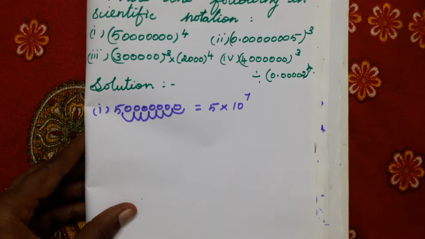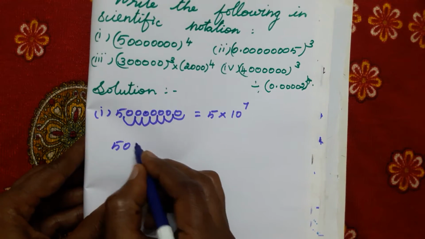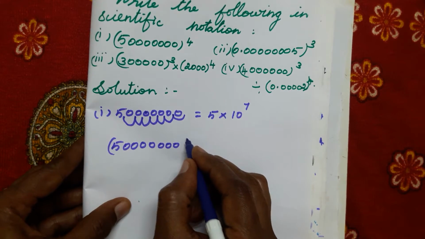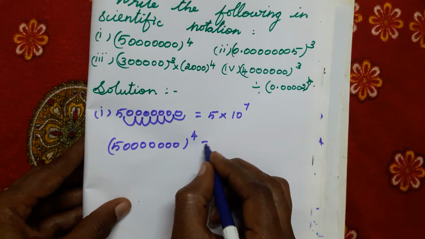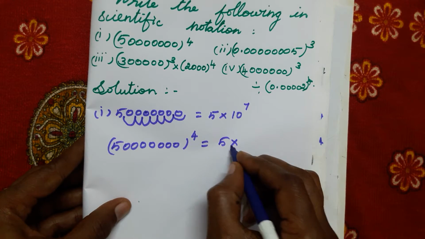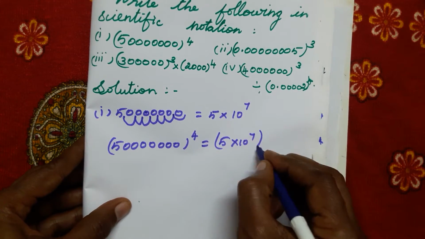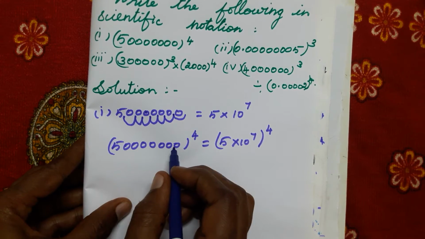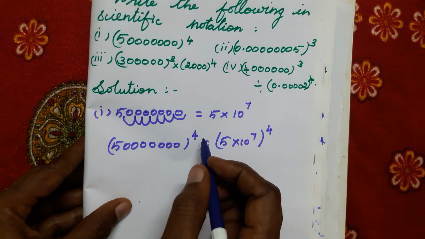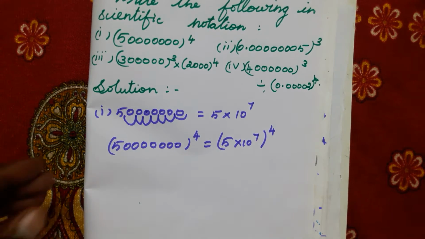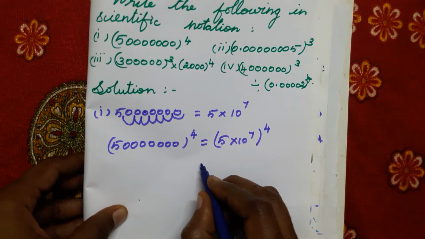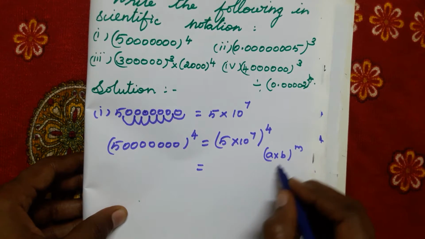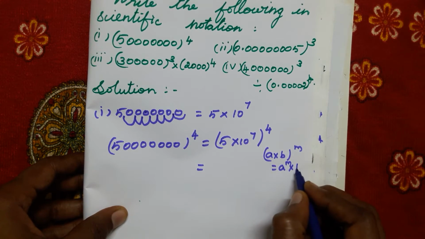Clear this? Now we want to find out 5,000,000 the whole power 4. It's equal to 5 into 10 power 7 the whole power 4. This we can write: A into B the whole power m is equal to A power m into B power m.